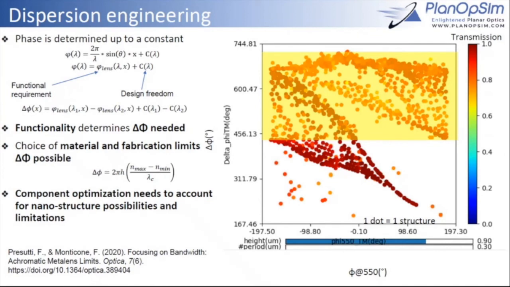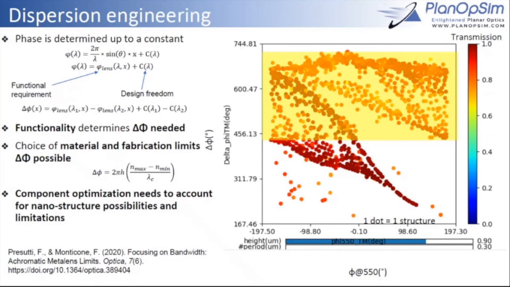There's 2 aspects to this. If for every phase we want to make a certain functional profile determined by the application what we want to do, the phase is only determined up to a constant. We can shift the phase up and down any direction we like, still have the same functionality.